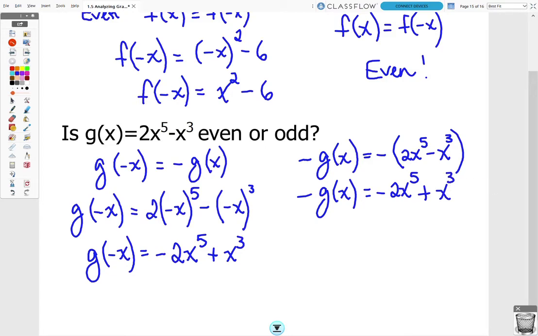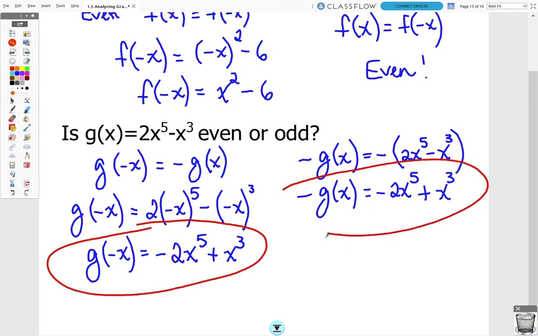Look closely. How did these two quantities here compare? How does g of negative x compare to negative g of x? Negative 2x to the 5th plus x cubed, negative 2x to the 5th plus x cubed. They are equal.